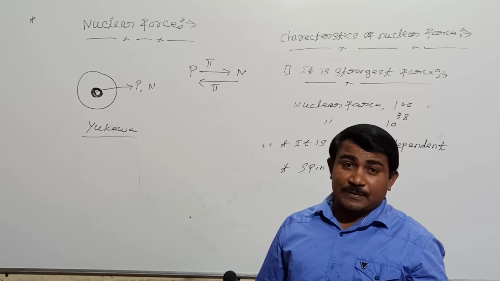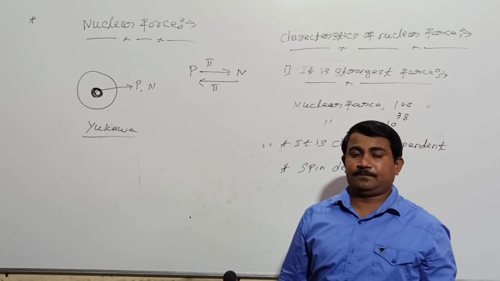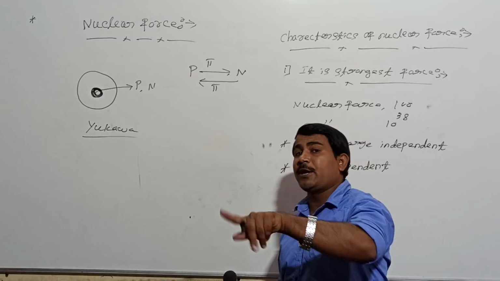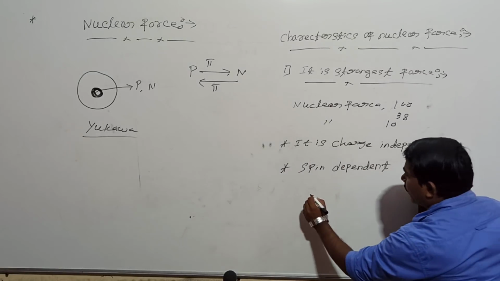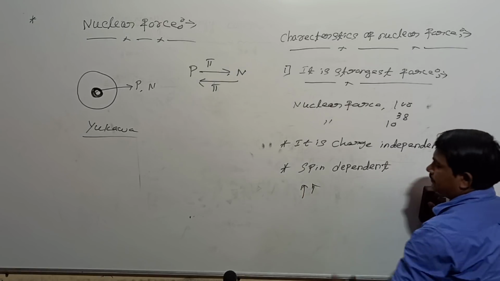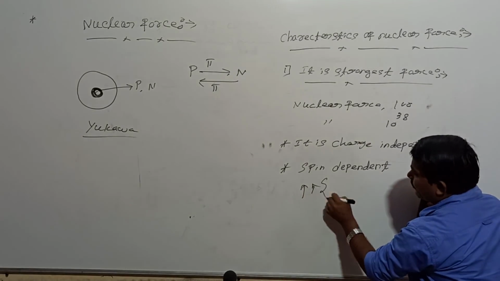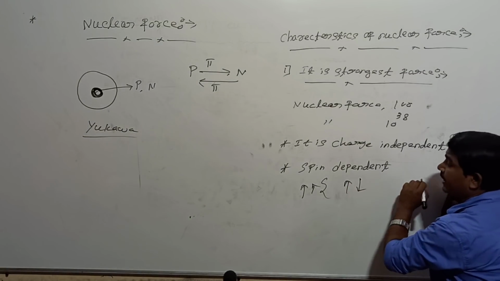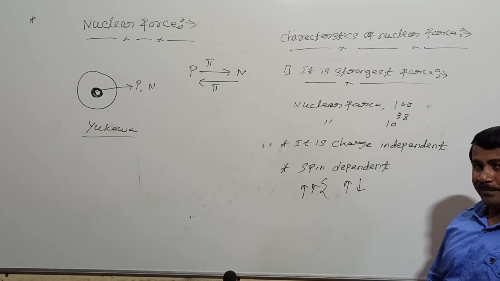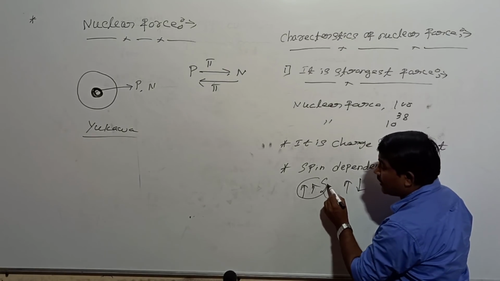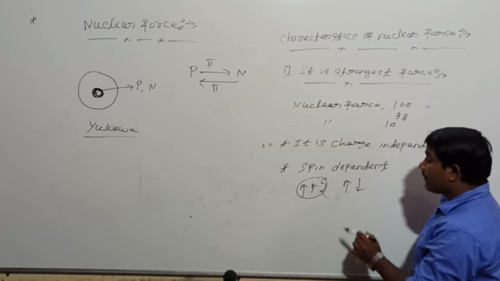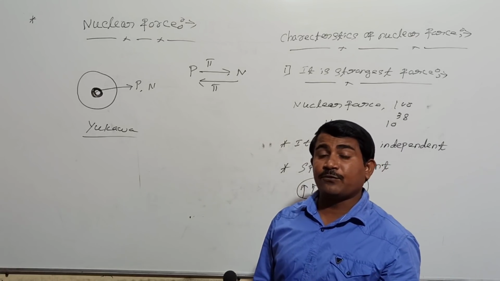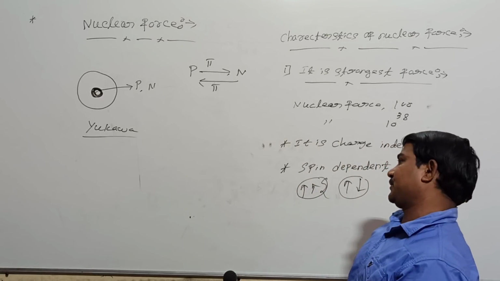The nuclear force between parallel nucleons is more as compared to the nuclear force between anti-parallel nucleons. I mean, if the nucleons have parallel spin, the nuclear force is much stronger as compared to nucleons having anti-parallel spin. That's why nuclear force is a spin dependent force.